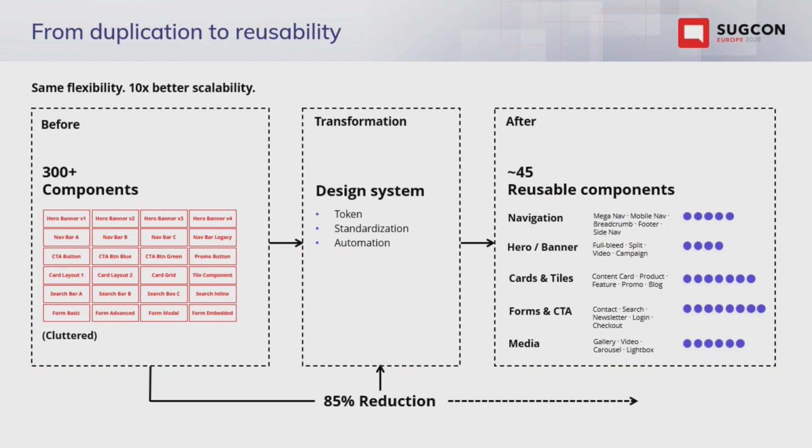The other aspect of this is component consolidation. As we discussed earlier, there are 300 plus components. So we used some of the knowledge we had of the client's ecosystem. We also talked to a lot of brand owners, and then also had a governance process where we could simplify those 300 plus components into roughly 45 reusable components with some variants supported.